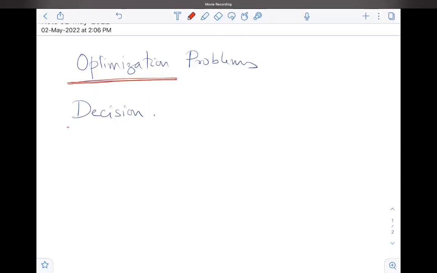And decision problems are ones for which there's only a yes or no answer.